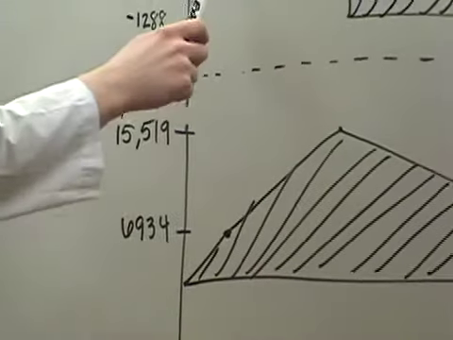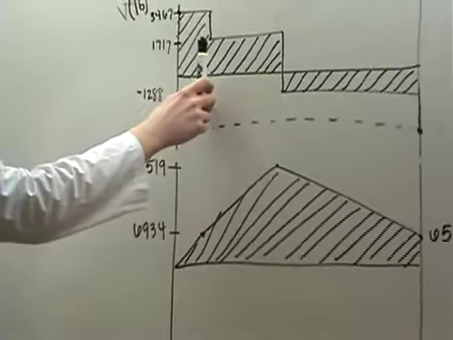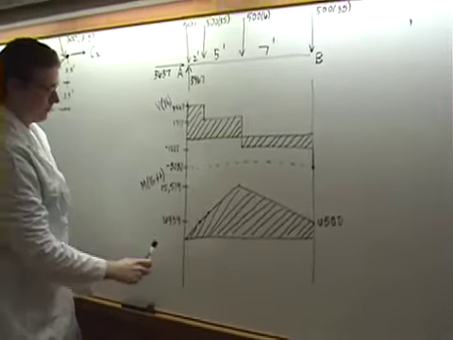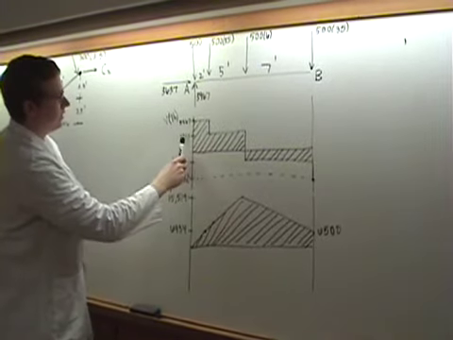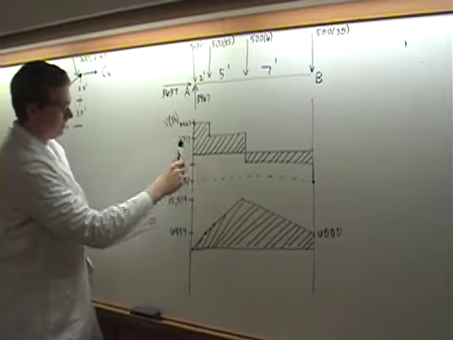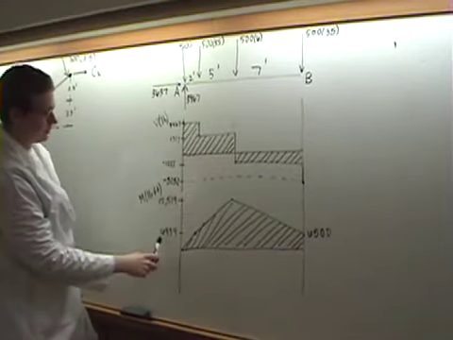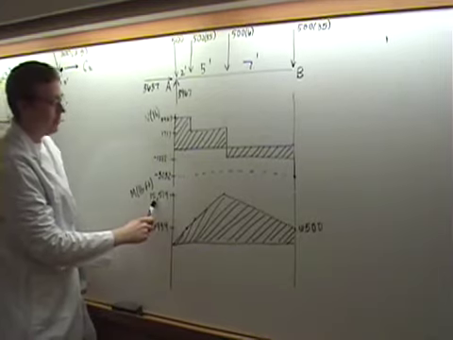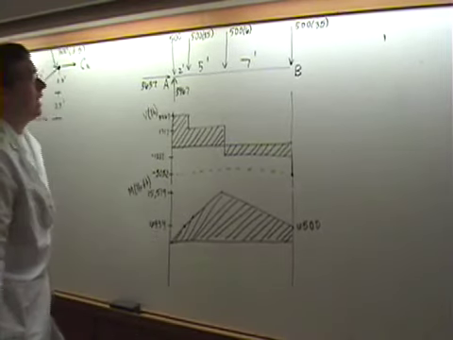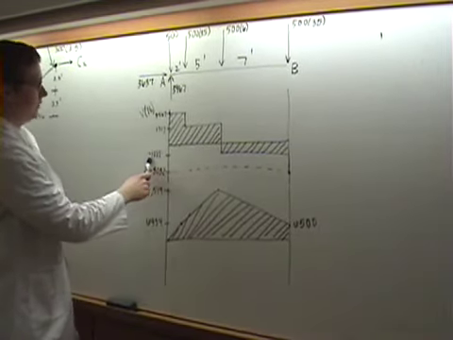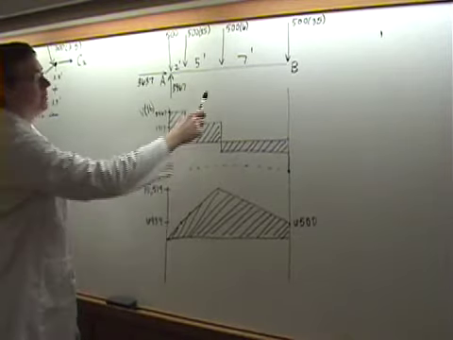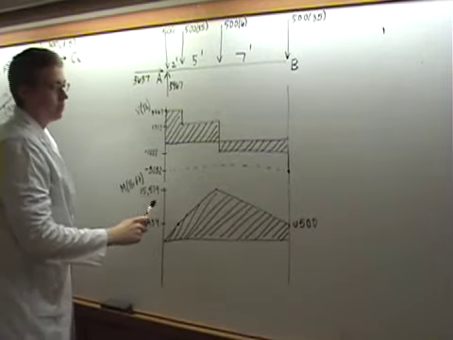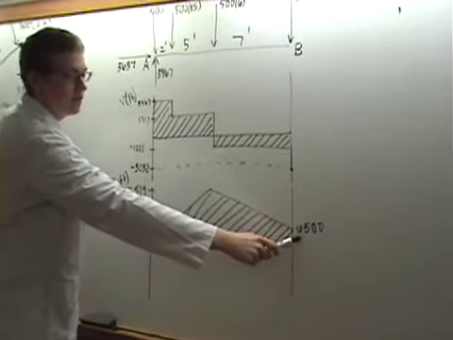Again, adding in the area under the shear diagram between 2 feet over and 7 feet over from point A, we take 17 pounds multiplied by 5 feet and add it to our initial 6,934 to find our second point of moment at 15,519. Adding in the negative 1,288 times 7 feet to our value of 15,519, we result in a final moment value of 6,500.